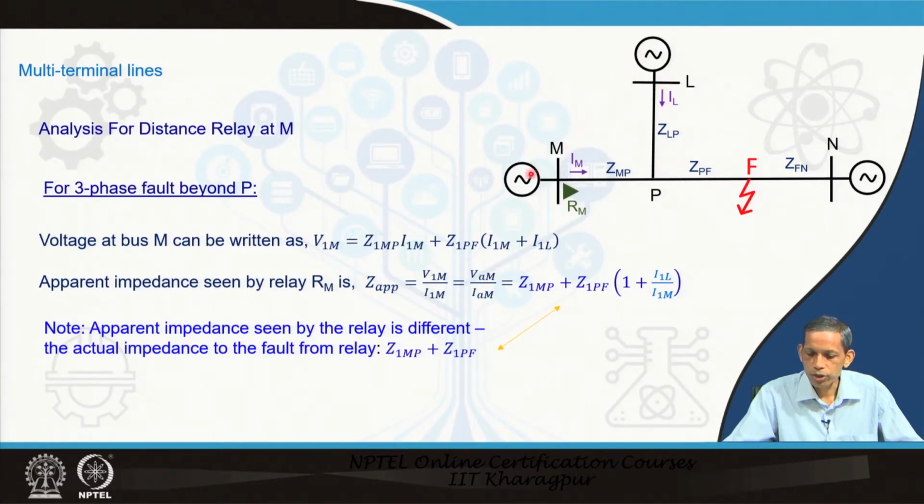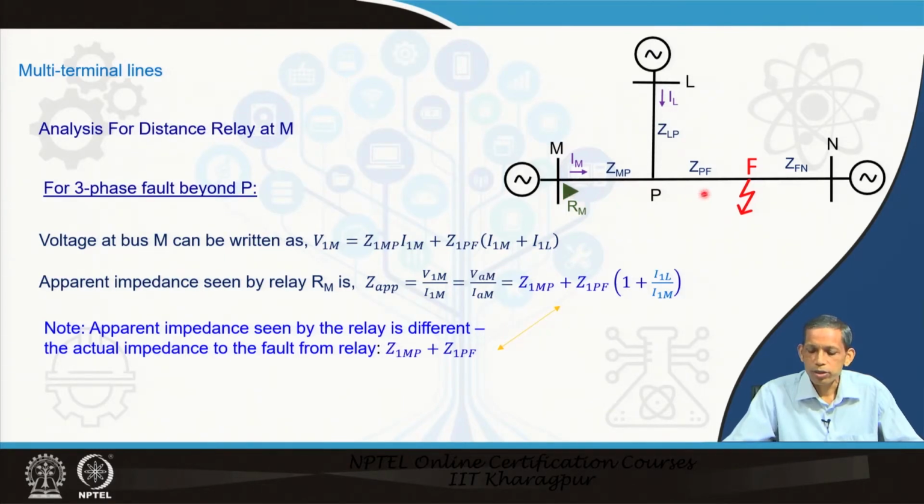So, these two generators participate in feeding current through this path. The common path is P to F, and from P to M, for relay Rm, only the Im current flows. This Im current is the current through the relay Rm, but from P to F the corresponding current becomes Im plus IL. The IL component of current is not associated with the relay Rm.